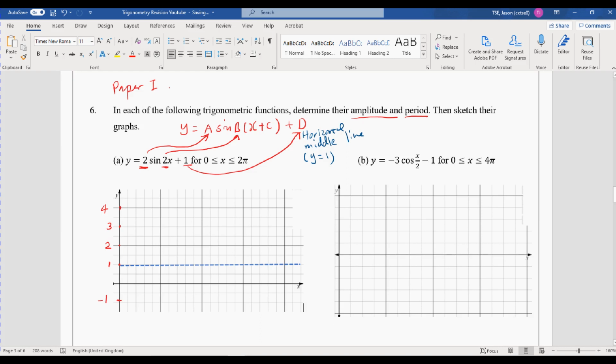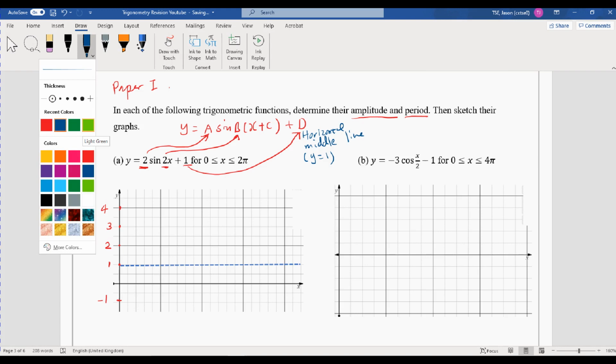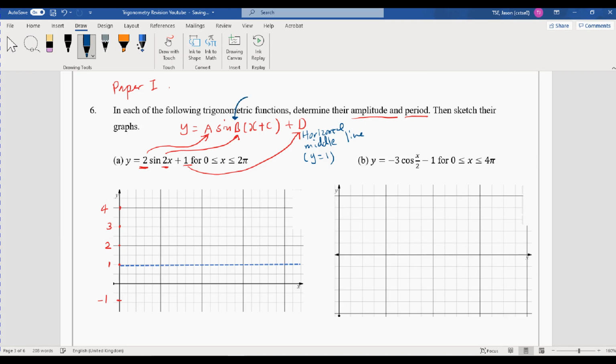The second thing you are going to do is B, the value B. What do we mean by the value B? Remember that's one rule. This value B is related to period. So B equals 2 pi over period.